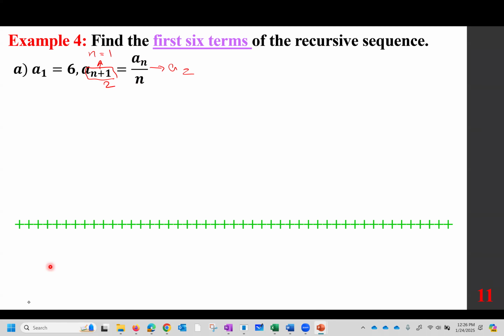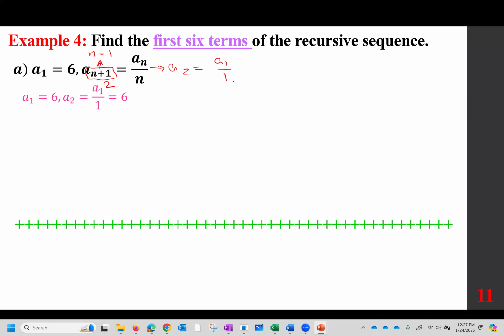So I want a sub 2. I'll go to the previous one, a sub 1, and divide by its subscript 1. So I get 6 over 1, which is 6. What about a sub 3? Anybody?